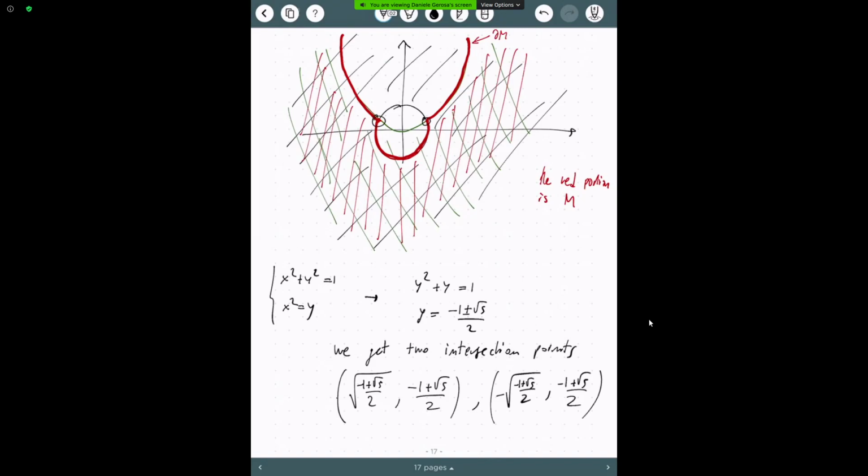And given that, now we can actually write down explicitly the boundary. So the boundary of M is going to be literally the set of the points, maybe I can write this as a union.